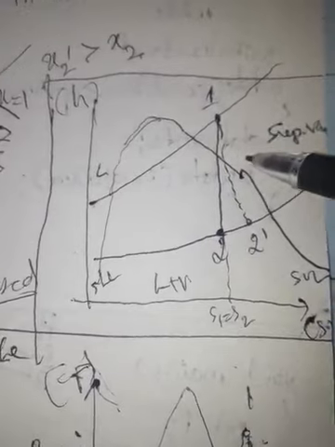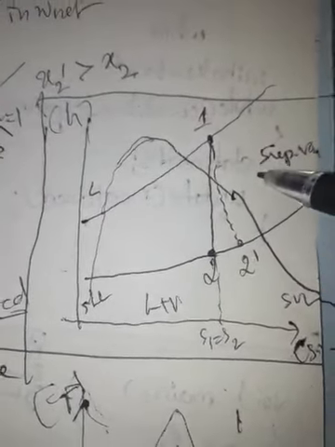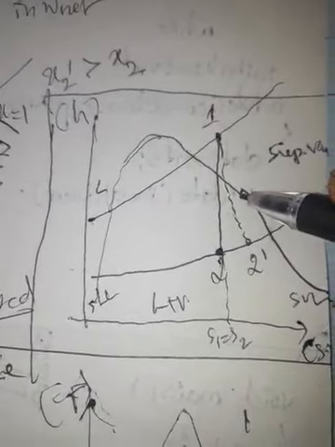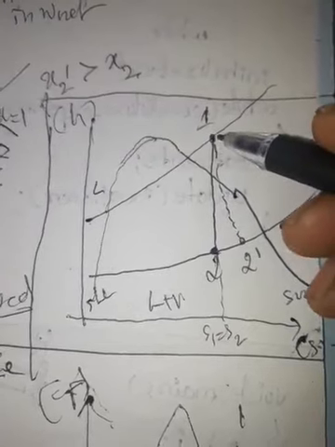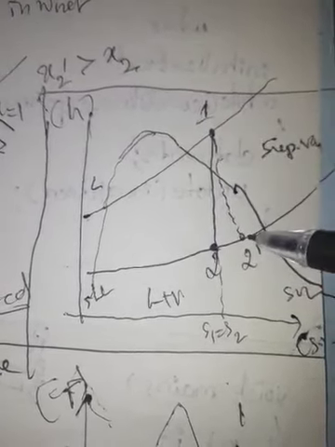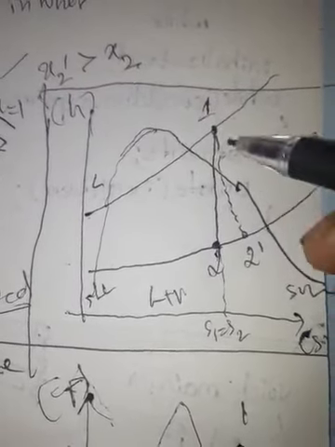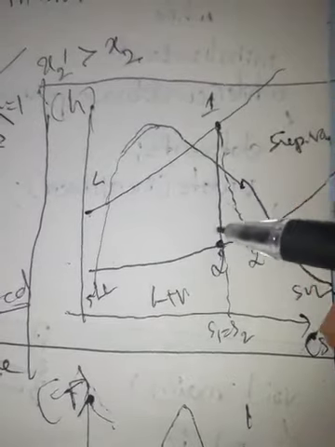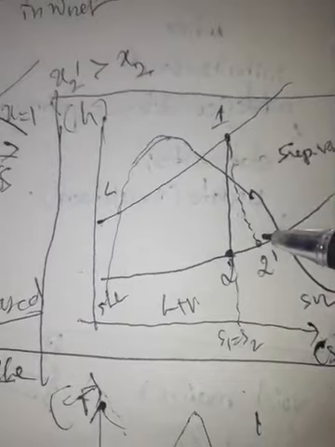So I write the turbine efficiency formula considering these two processes. How do we write? Which one is smaller here? 1 to 2 dash is smaller, that is H1 minus H2 dash is smaller, H1 minus H2 is larger. This is the ideal enthalpy change, this is the actual enthalpy change.